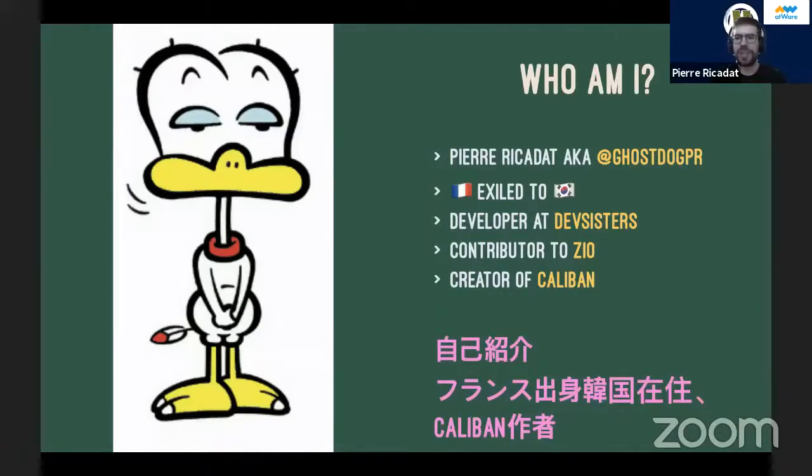That is pretty convenient. I work for an online game company called Dev Sisters, and I've been contributing to various open source projects, in particular Zio and several libraries in the Zio ecosystem. And in September of last year, I created Caliban.